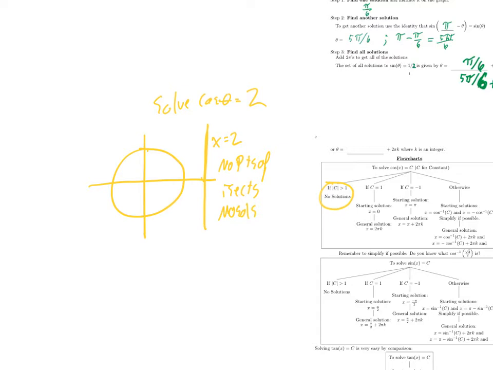If you want to solve c is equal to 1, so next let's try to solve cosine theta equals 1 on the same picture. Well, there's an x value of 1. So in the unit circle I see a single solution.